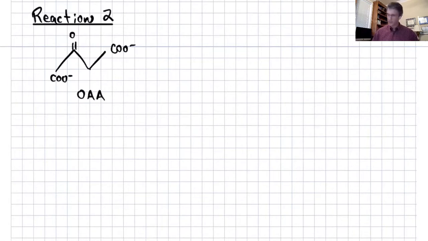Okay, there's oxaloacetate. Now we're going to burn some GTP. Remember in reaction 1, pyruvate carboxylase, we burned some ATP. Now we got to burn some more energy.